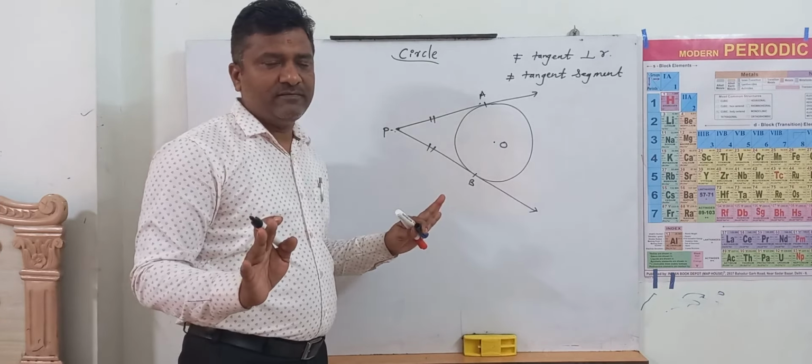Now we have to move to the next property. The next property we are going to discuss is about tangent circles. What is meant by tangent circles? You want to understand that first. Look, this is one circle and here I draw another circle. Look, these two circles are intersecting in how many points? One point.